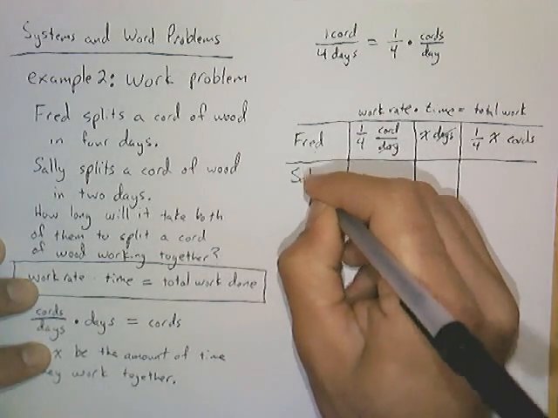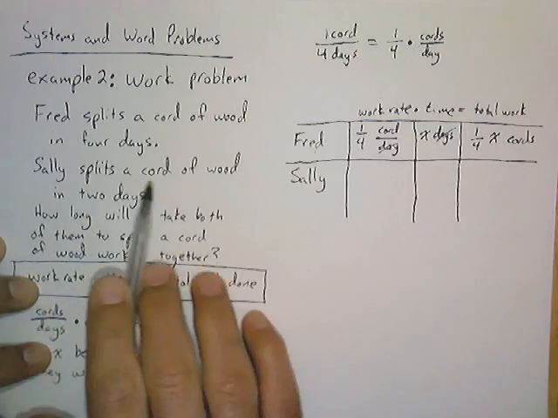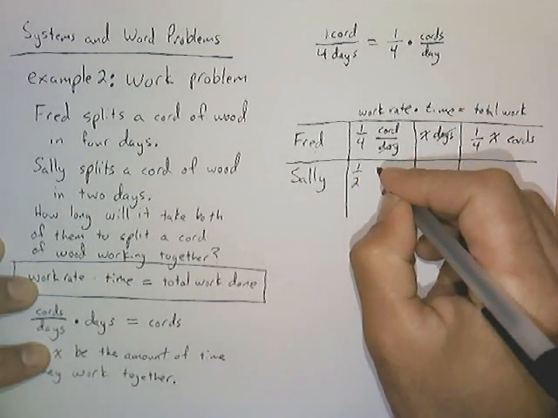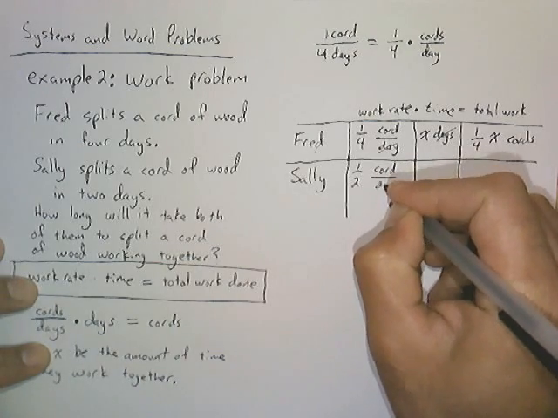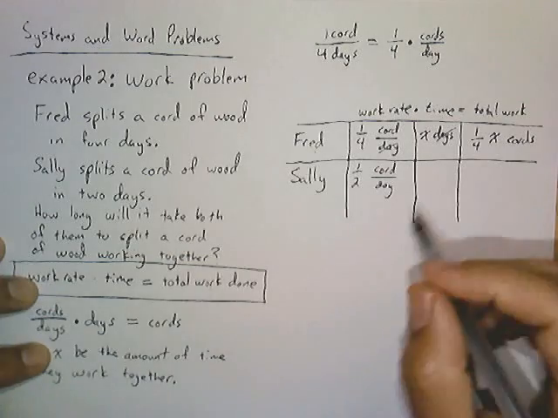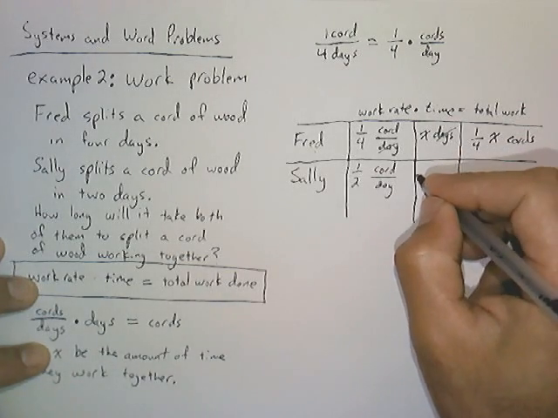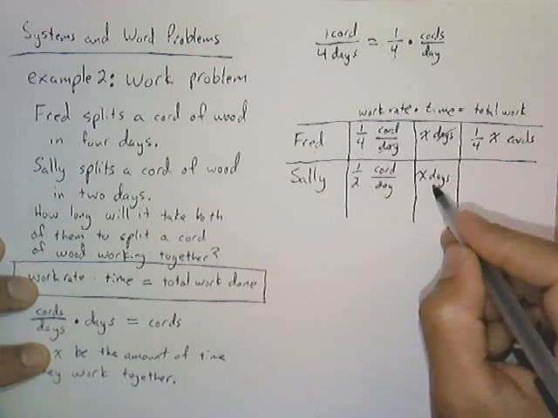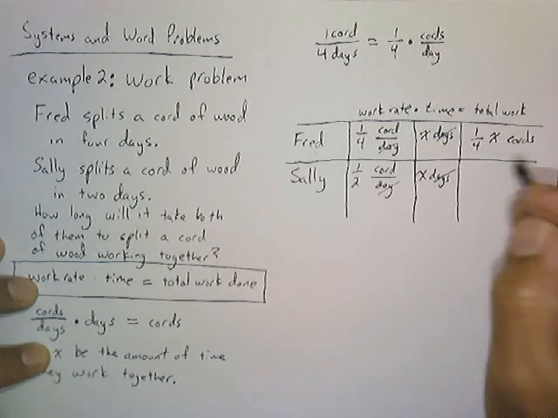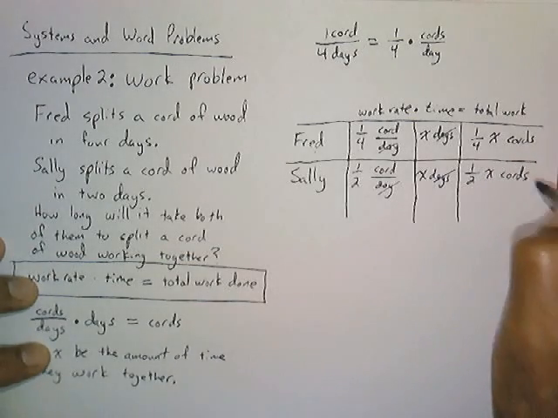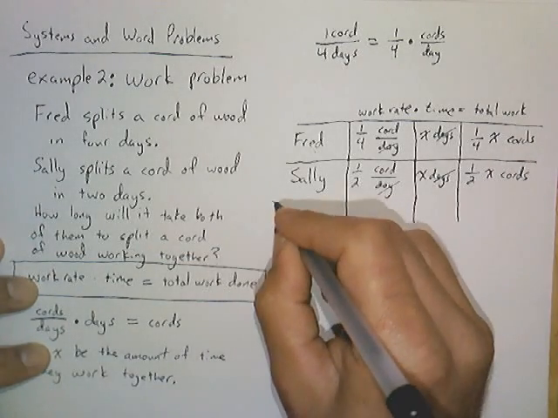Similarly, for Sally, well, she splits 1 cord of wood in 2 days, so that means she's going to split 1/2 cord of wood in 1 day. So she's working at a rate of 1/2 cord per day. Again, she's working the same amount of time that Fred does, X days, and if we multiply these two together, days cancel and we have 1/2 X cords of wood that Sally's going to split in that amount of time.